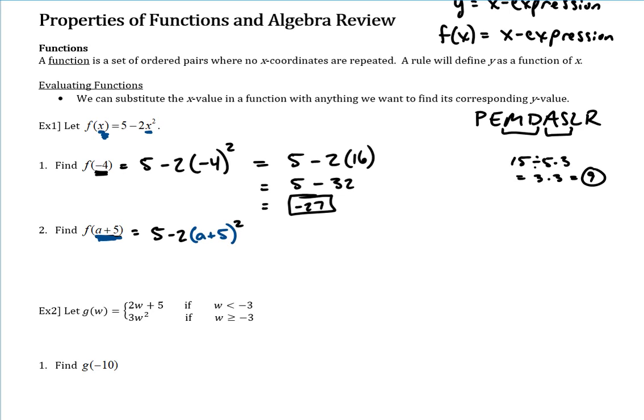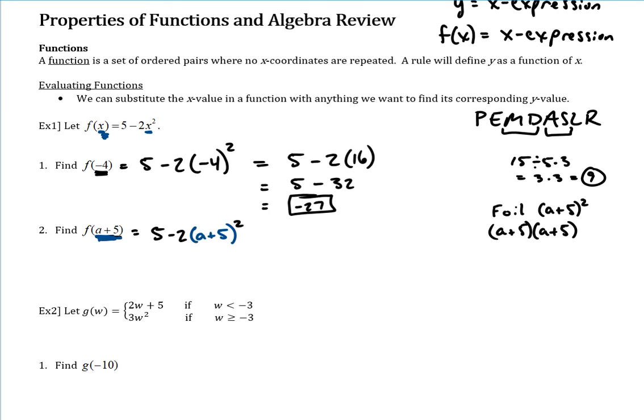And so now that it's written like this, this could be the final answer depending on what they want us to do, but often they would want us to FOIL, so a little scratch work again, FOIL the a plus 5 getting squared. So a plus 5 getting squared is the same thing as a plus 5 times a plus 5. So squaring is the same thing as times itself.